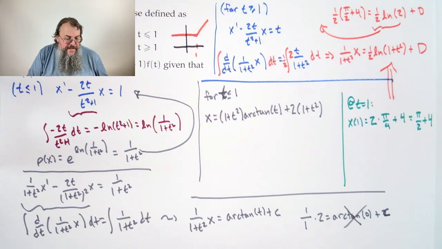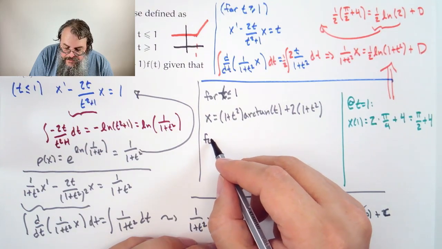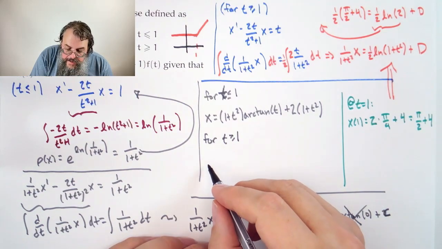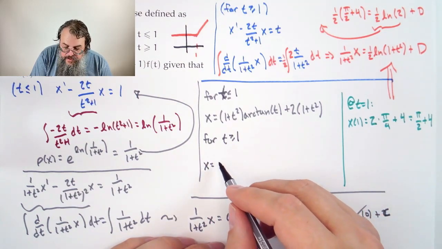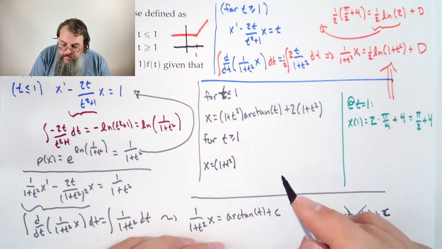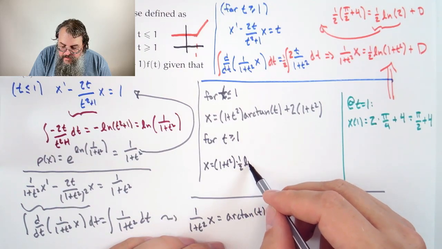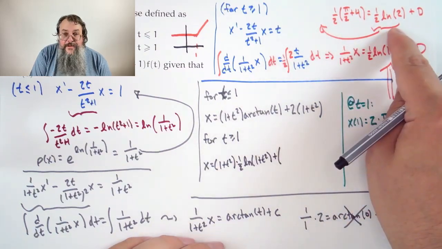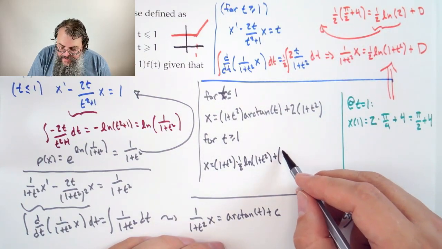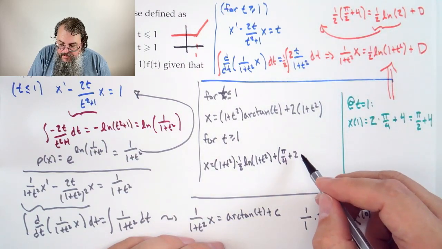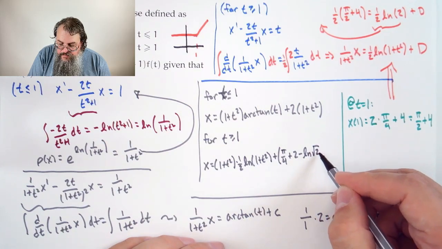And so our other part of our answer is as follows. For t greater than or equal to 1, we'll have that x is equal to 1 plus t squared times this part, 1/2 log of 1 plus t squared, plus this crazy constant, which you can write as pi over 4 plus 2, distributing the 1/2 through, minus log of root 2.